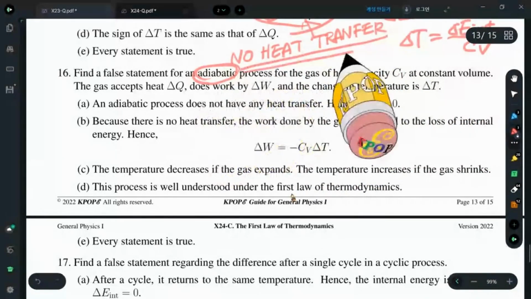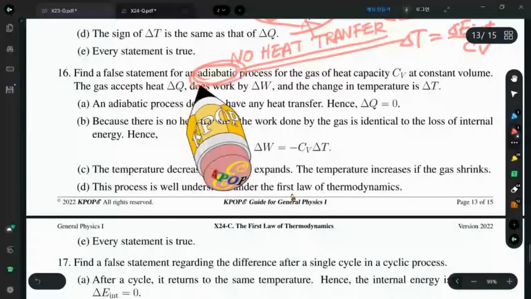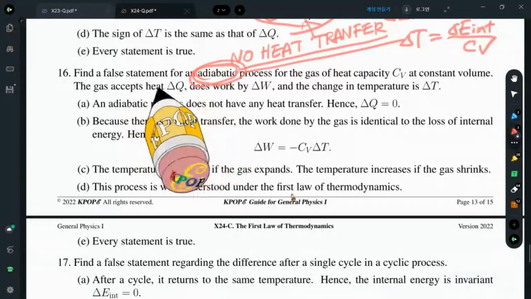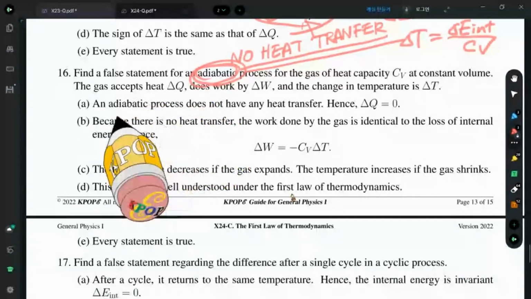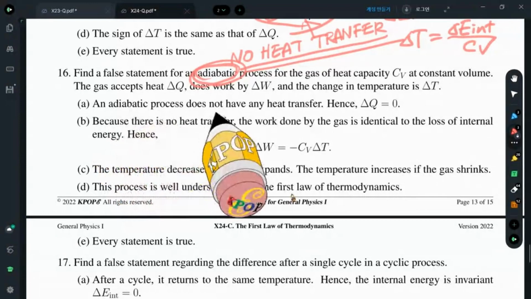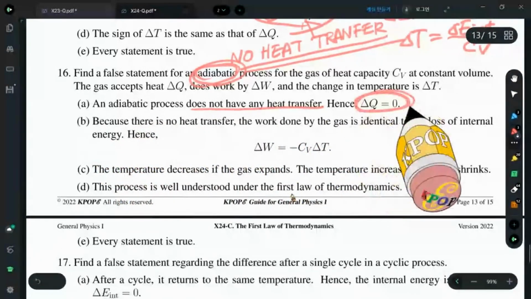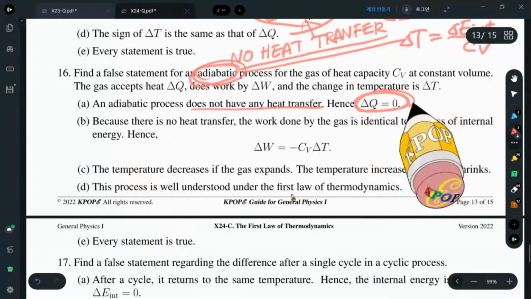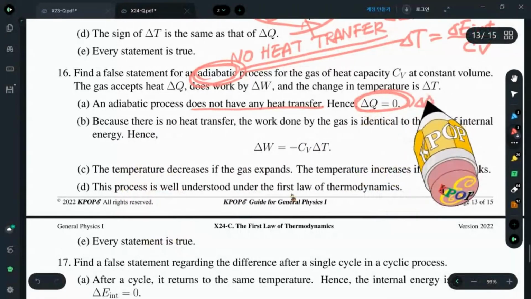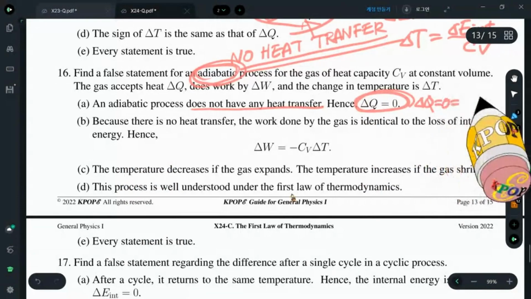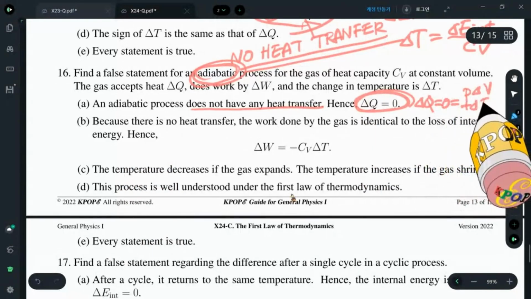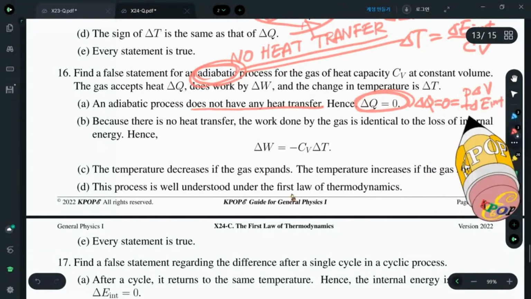No heat transfer is called adiabatic. Delta Q equals 0. An adiabatic process does not have any heat transfer. Delta Q is 0. Because delta Q equals 0, the First Law of Thermodynamics says P delta V plus delta internal energy equals 0.